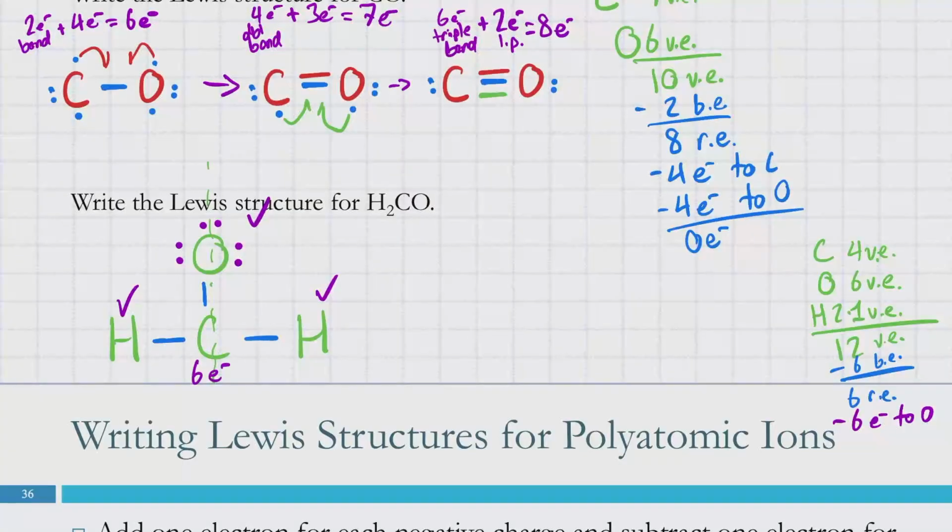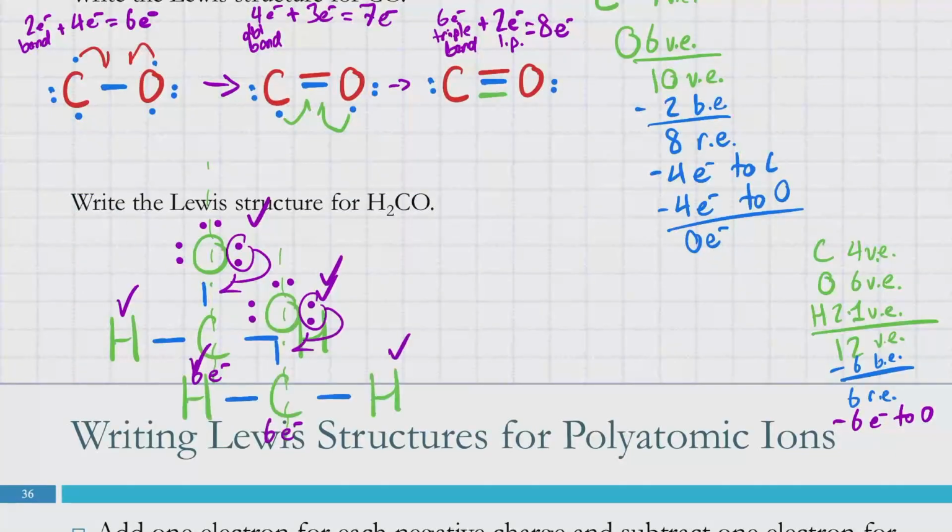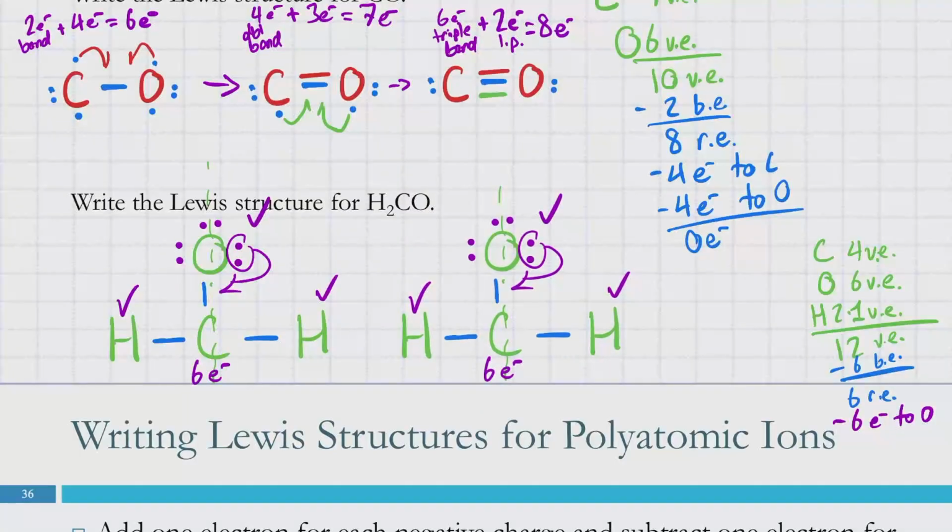So carbon currently has 6 electrons, but we've placed all of our electrons. How can we get more electrons to our carbon? Double bond. So if we do a double bond, we move 2 electrons in. Those electrons still count for oxygen, but now they also count for carbon.